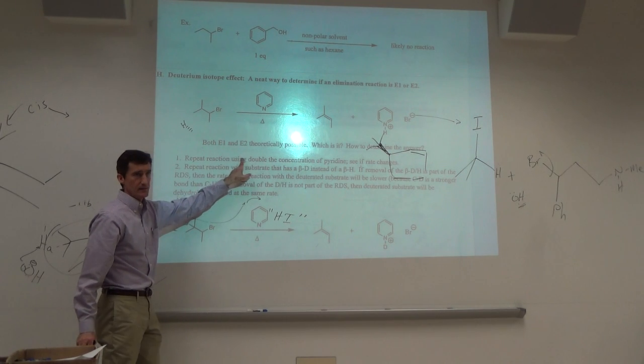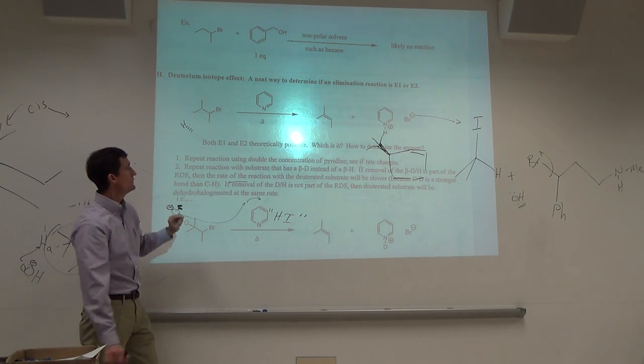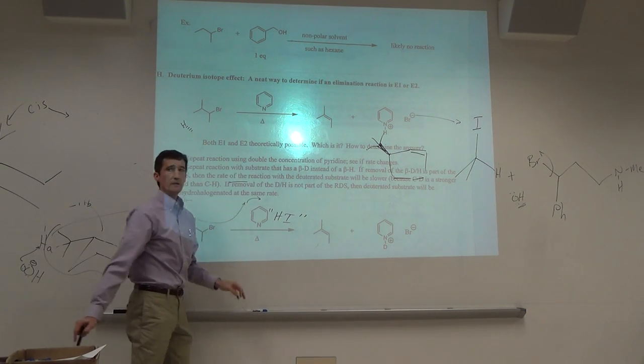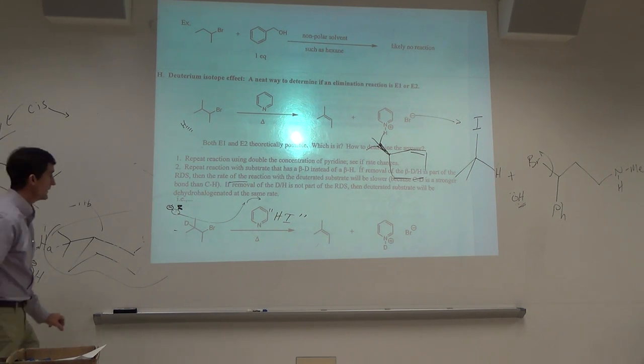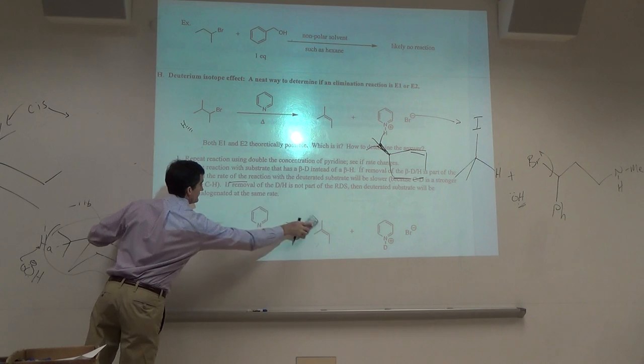First, kinetic study. If it's E2, the base should be involved in the rate determining step, and the concentration of the base should thus affect the rate. Repeat the reaction with double the concentration of base and see if the rate doubles. If it does, it must be E2. If it doesn't, it must be E1. So your rate equation is very important to know, understanding changes in that.